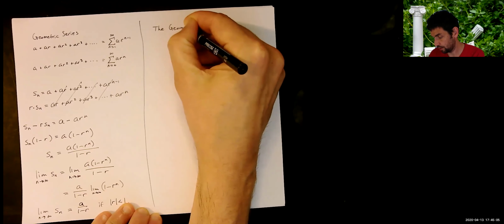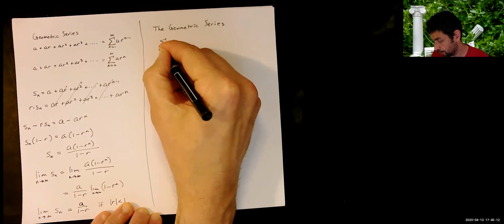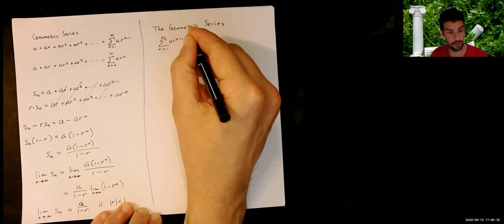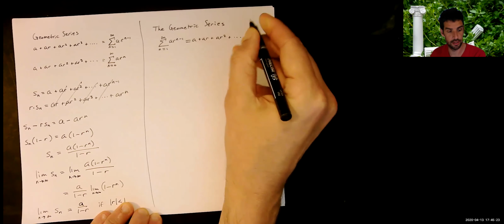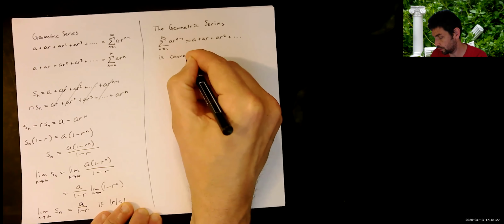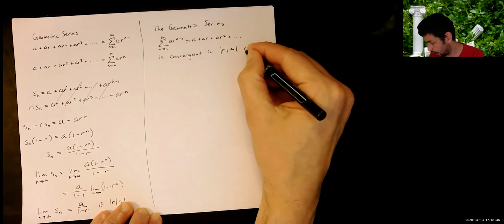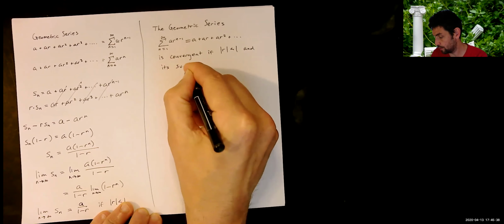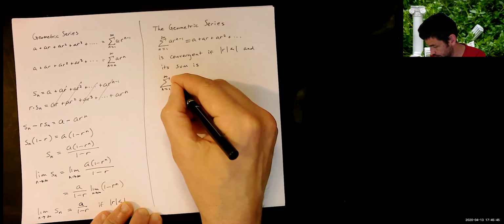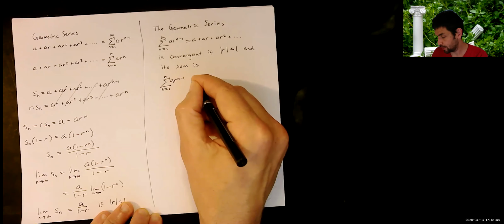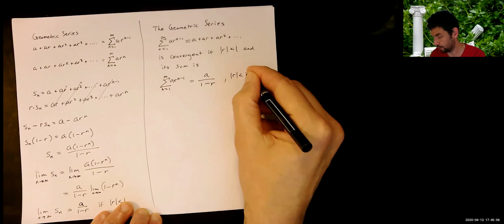The geometric series, the sum from n equals 1 to infinity of AR to the n minus 1, which is equal to A plus AR plus AR squared, is convergent if the absolute value of R is less than 1, and its sum is equal to A over 1 minus R. Right, for the absolute value of R less than 1.